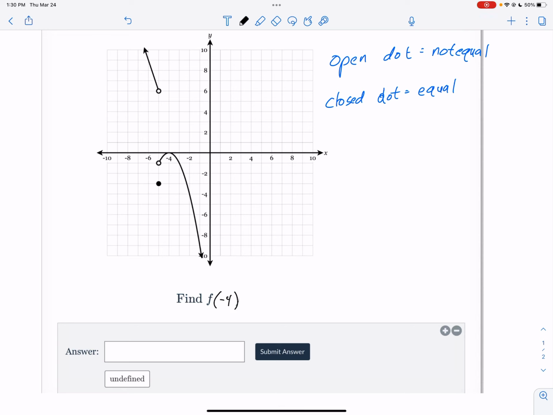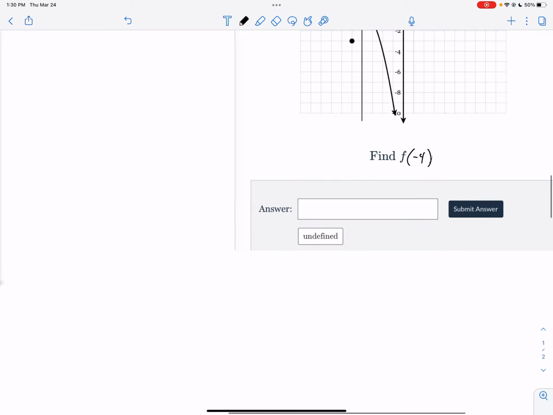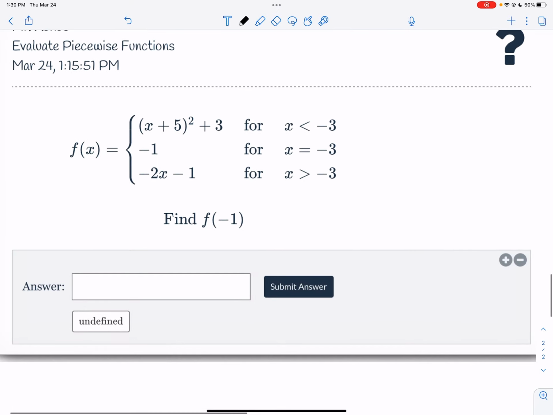But then they have open and closed dots, so a lot of students think, oh, I better put the closed dot. No, that only matters if you're right there. So right here, this is the line x equals -4. This is where it hits the thing, y equals 0 there. Just make sure that you're doing little sanity checks for that.